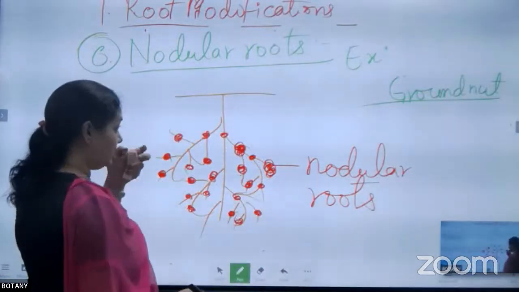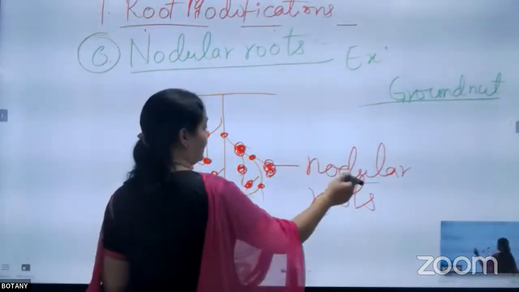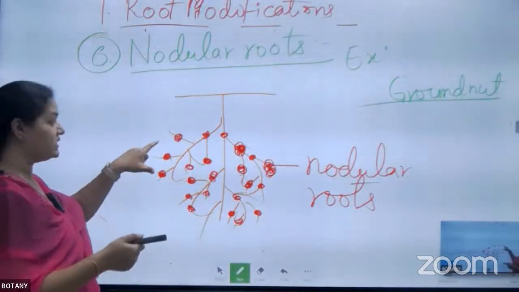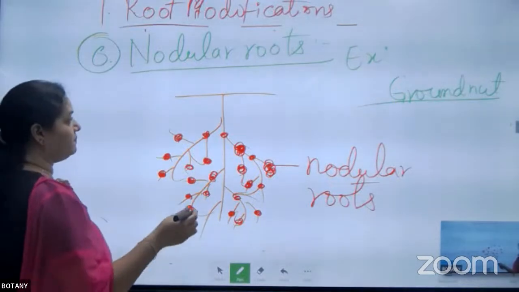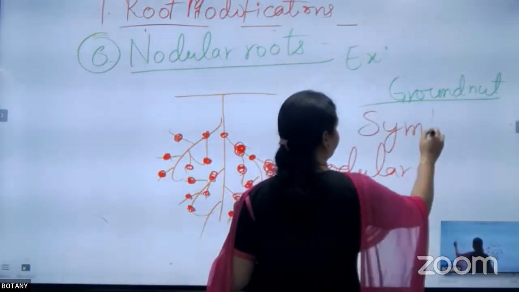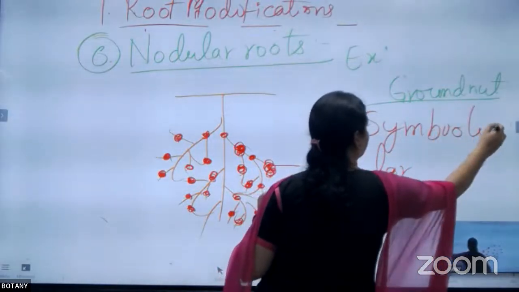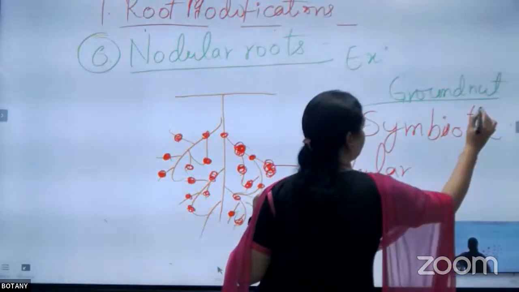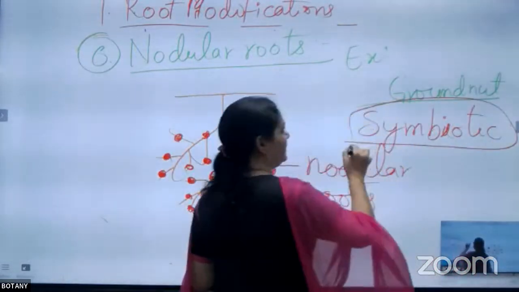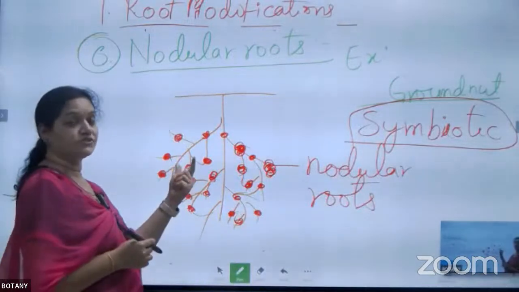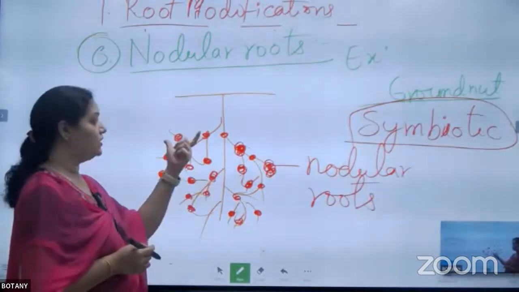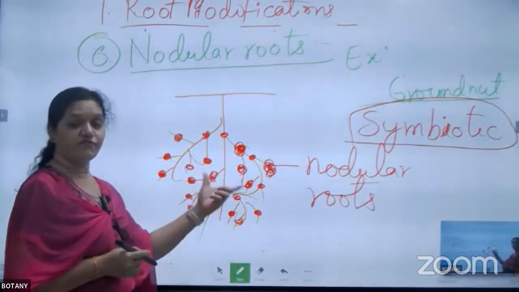What is it called when they are living with the highly evolved angiospermic plants? That type of relationship is called the symbiotic relationship. Symbiotic relationship. So the Rhizobium bacterium lives in symbiotic association with the highly evolved angiospermic plants to form nodules.